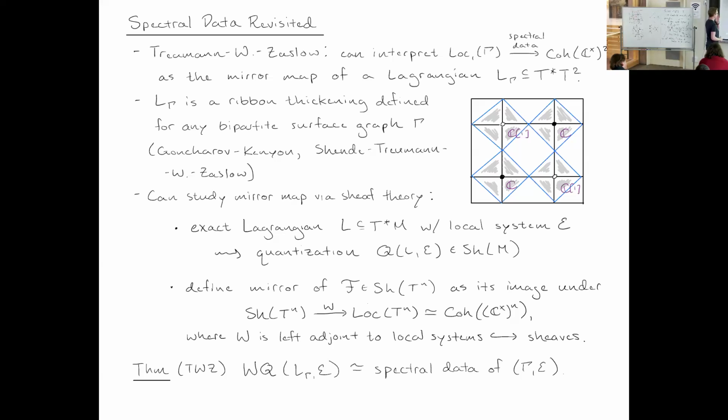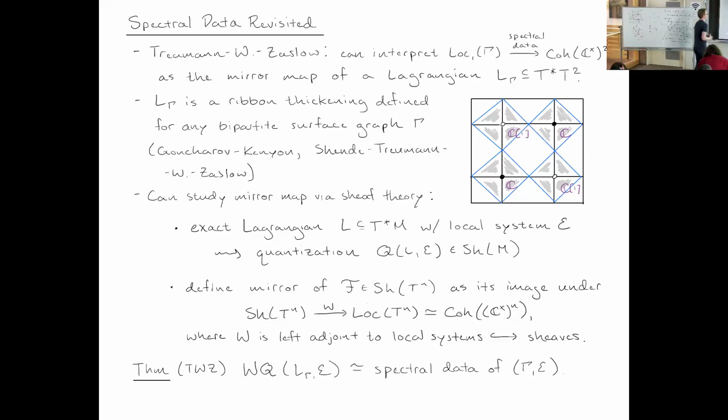So there's kind of two basic principles. The first is that I can go from Lagrangians in the cotangent bundle of a manifold, maybe decorated with some local system, to sheaves on the base of that manifold. There are different versions of this principle that appear in different ways in the literature.